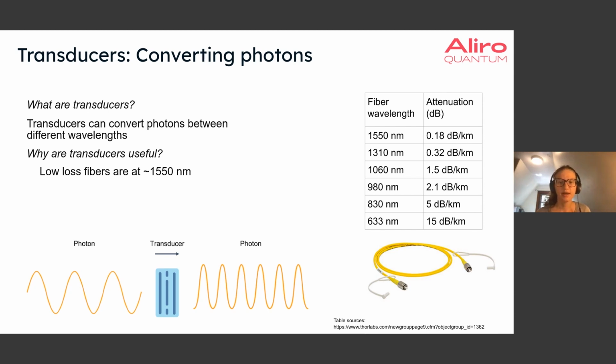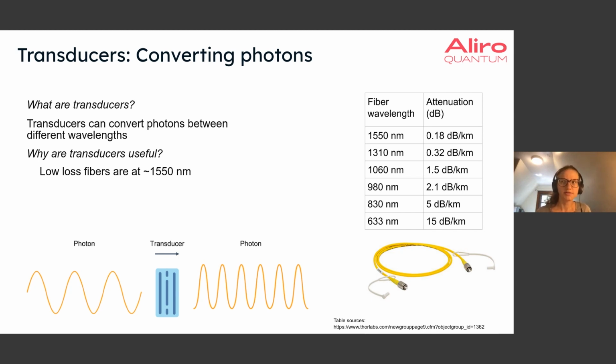And this pattern isn't by accident. This is actually happening for fundamental physical reasons. Basically, at shorter wavelengths, Rayleigh scattering of the inhomogeneities in the fiber becomes really important, and you get more and more loss. And also, kind of incidentally, at 1400 nanometers, there's actually pretty strong absorption from water.